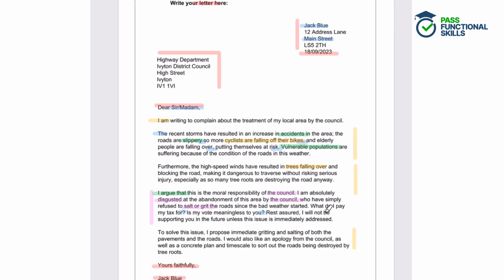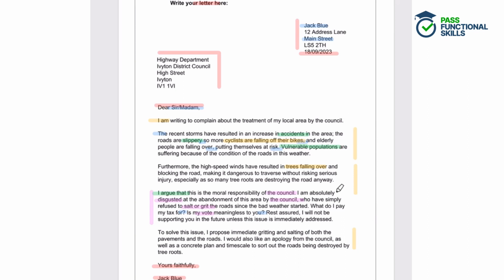And then we have, rest assured, I will not be supporting you in the future unless this issue is immediately addressed. So here they're saying that they will not support them, they will not vote for them. So linking to that previous question there. And that makes the paragraph really cohesive. So all of it joins together in a really effective way.